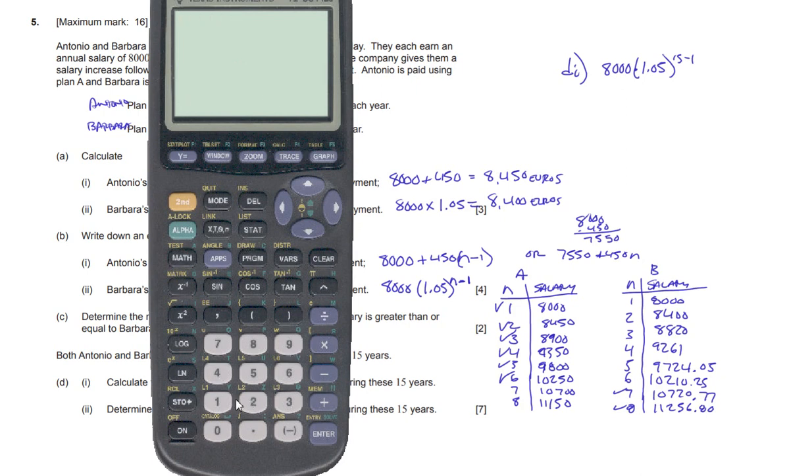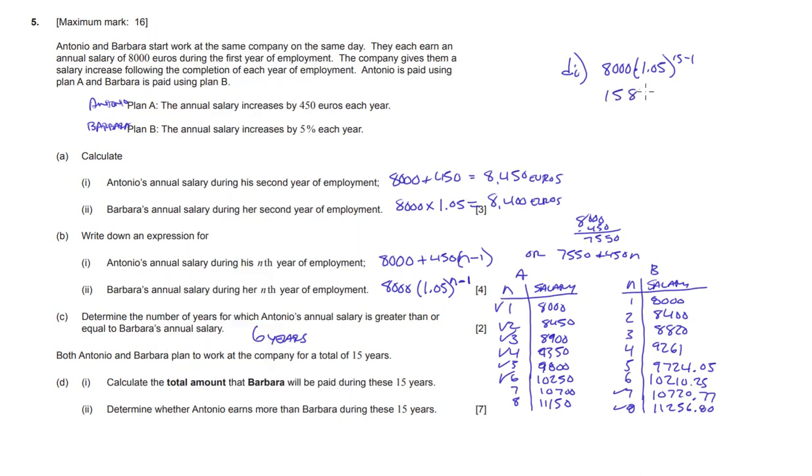So we can do 8,000 times 1.05 to the 14th power. And at that point, she's going to make 15,839.45. Calculate the total amount that Barbara will be paid during these 15 years.